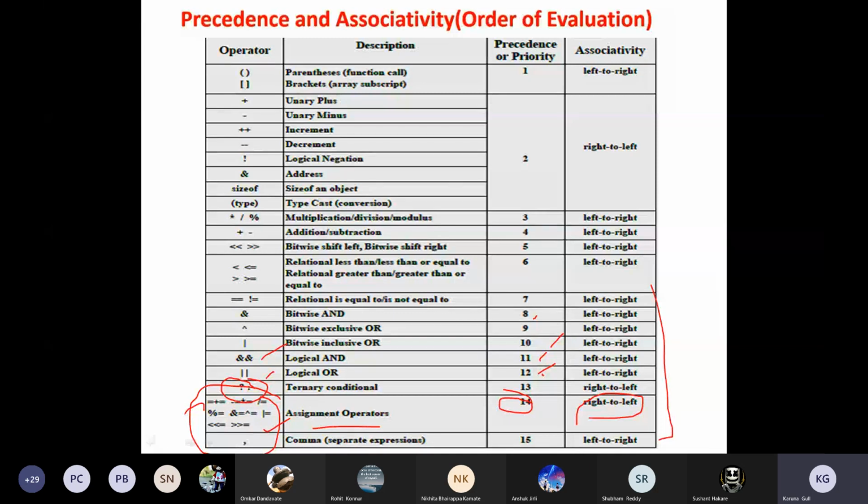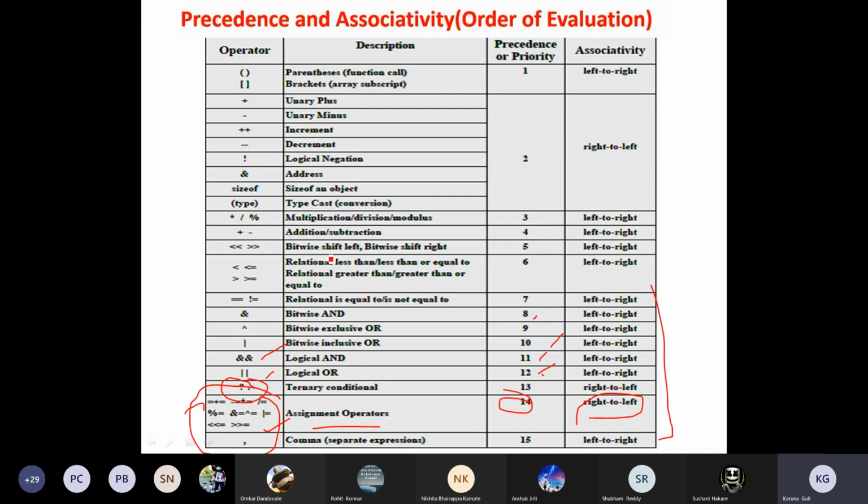Is it okay? Any queries regarding priority and associativity, you can ask me before we solve some problems on this. You have to remember this chart in your mind. The priority number assigned to these operators matters for us, because these operators will come in the equation.